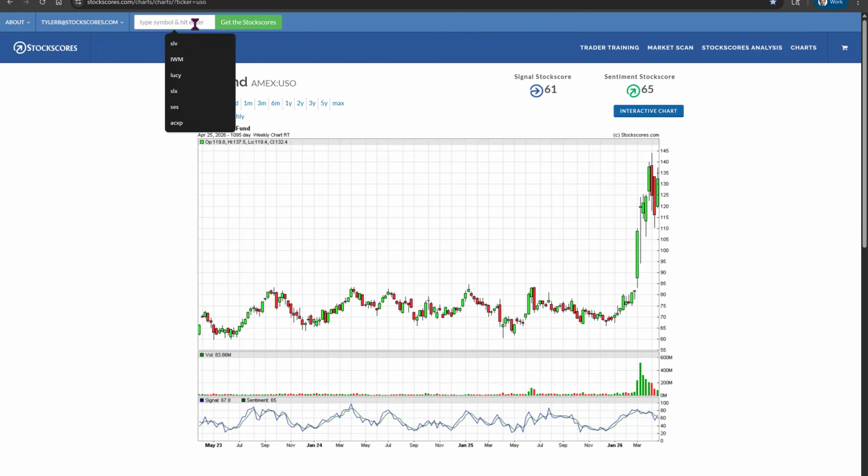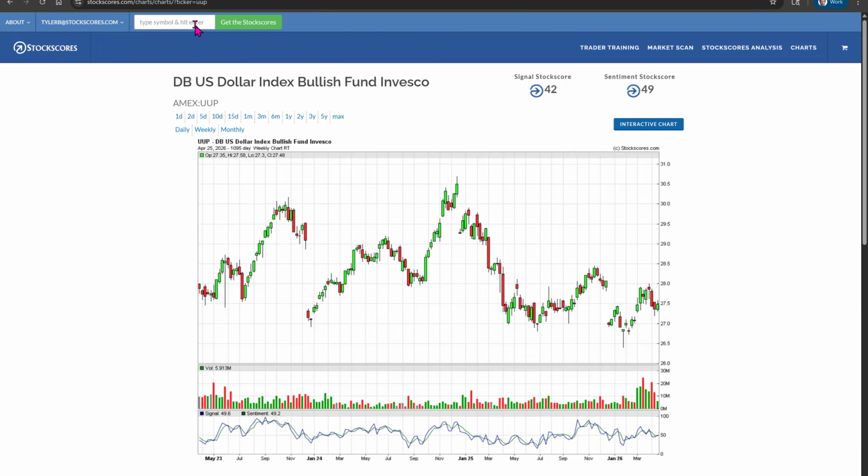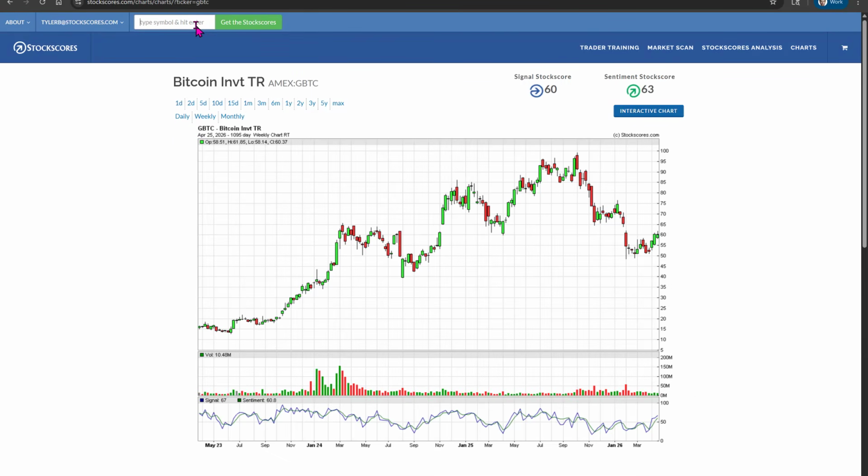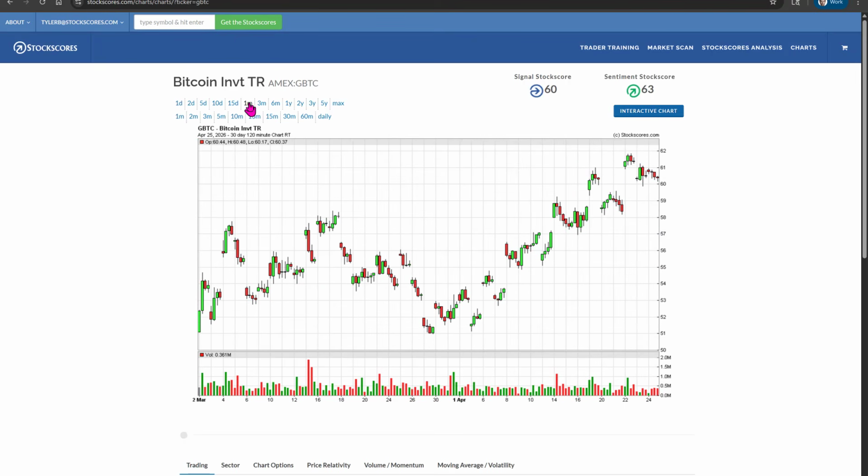Let's take a look at the currencies now. UUP fell off a little bit this week and has been generally coming down the last 3 weeks, but kind of a neutral chart. GBTC, which is our Bitcoin chart. This is the weekly. Let's go to the short-term chart here because you can see over the last 2 weeks, Bitcoin has actually been trending upward.